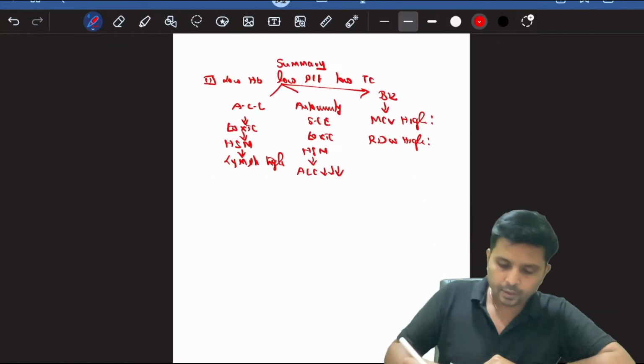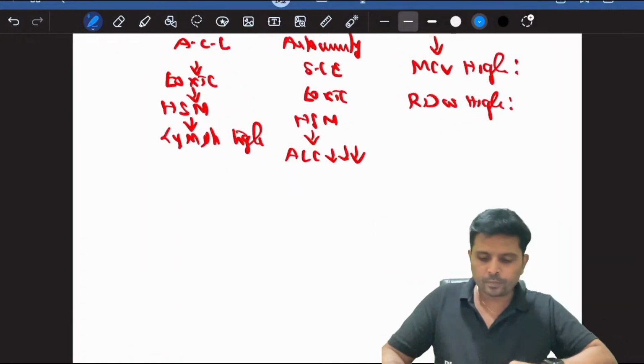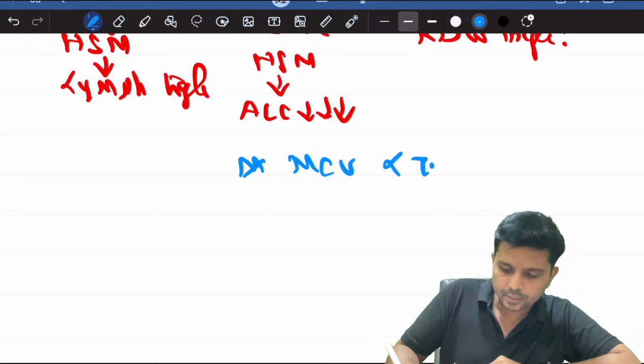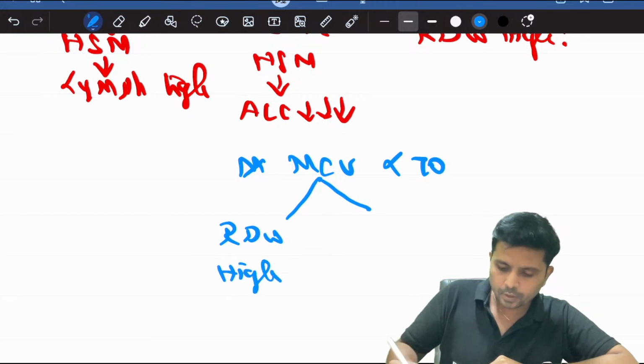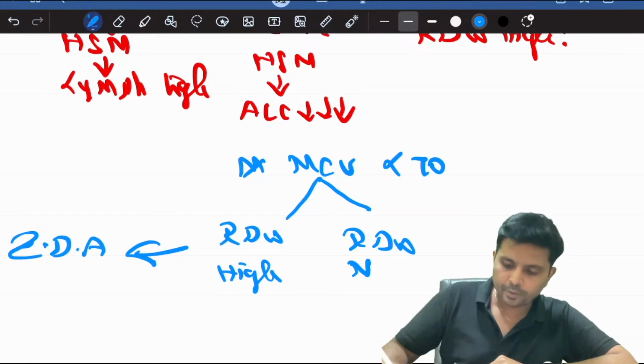The next thing we want to discuss: when MCV is less than 70, look at RDW, high or normal. High RDW is iron deficiency anemia.